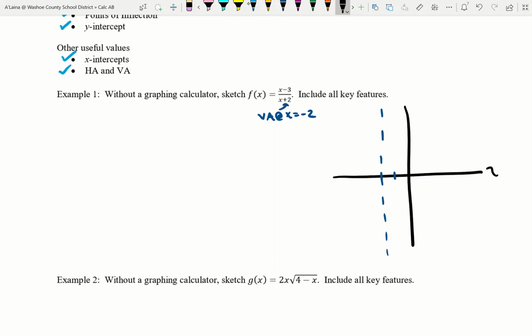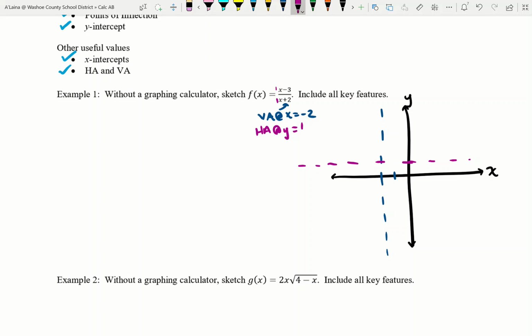For our horizontal asymptotes, if there is one, you can determine where that's at by comparing the degree of the numerator and the denominator. And in this instance, the numerator and the denominator have the same degree, and so the ratio of the leading coefficients will tell you where the horizontal asymptote is at. In this case, it's 1/1. So we have a horizontal asymptote at the line y is equal to 1.